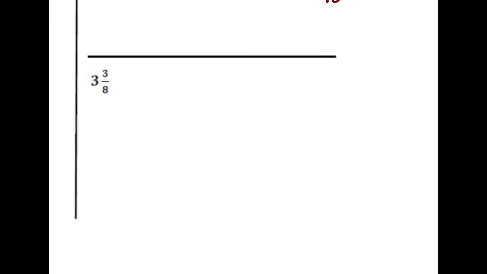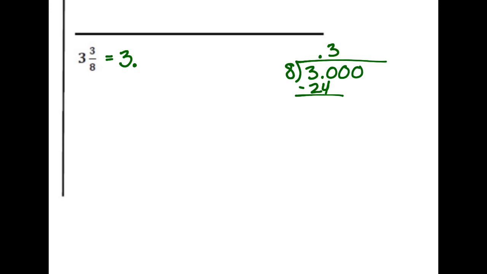Okay, next one. This one is positive, sorry, 3 3/8. So it's 3 and, now let's see what 3/8 is. Bottom into top. 8 goes into 30 3 times, so it's 24. 8 goes into 60 7 times.